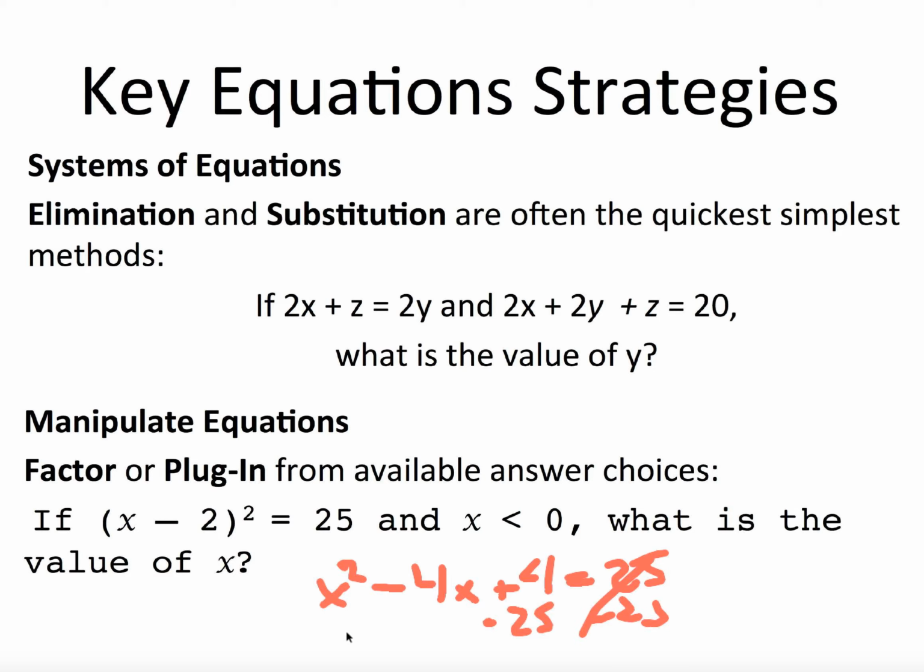And then we end up with x squared minus 4x minus 21. And we can go ahead and factor this such that we get two numbers that added together give you negative 4 and multiplied together give you negative 21.